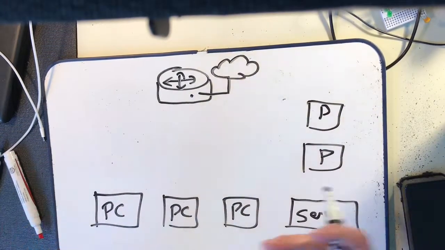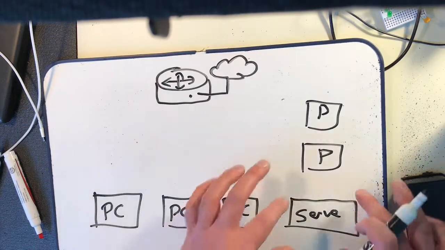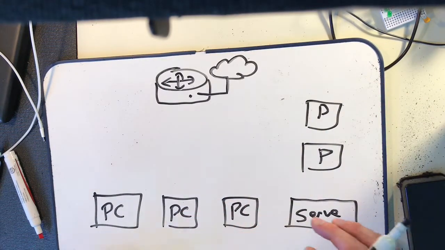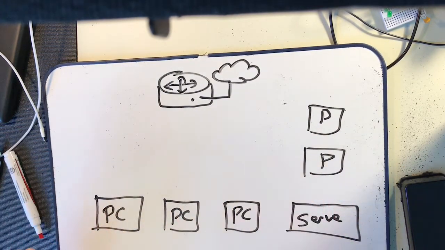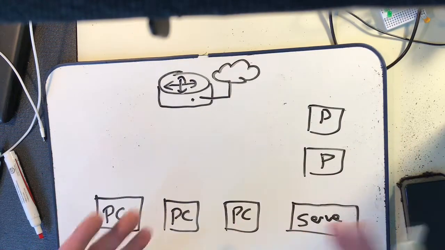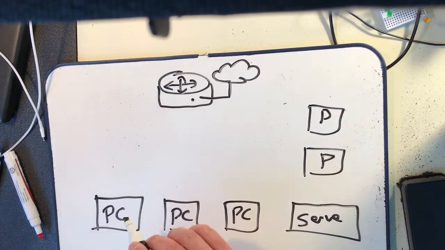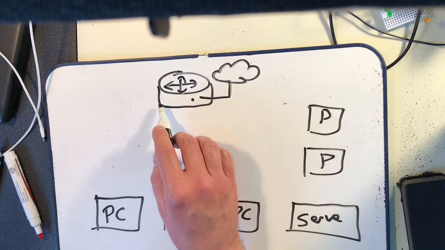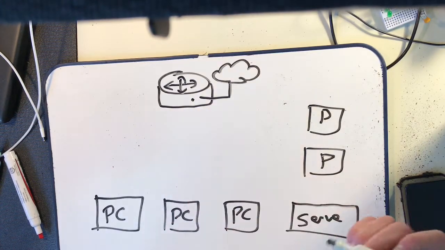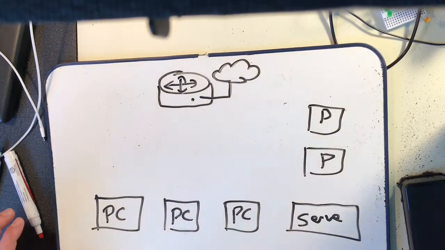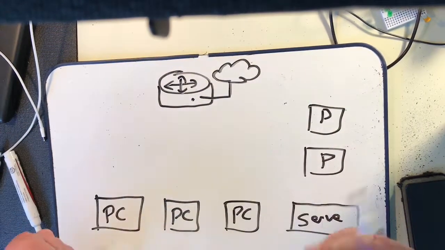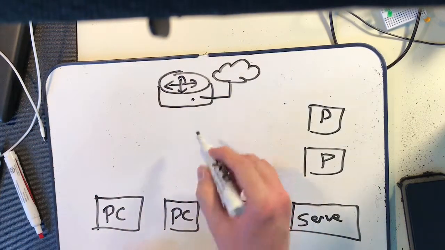This would be something like a small business. So you have several PCs, maybe you have a server, you have a couple IP phones. You want all these to be able to connect to the internet and to each other, really. The issue is that routers by themselves generally only have a couple of ports. From a theoretical standpoint, it could be two, it could be more. It depends on the type of router, but for this example, let's just say it has 2 ports.